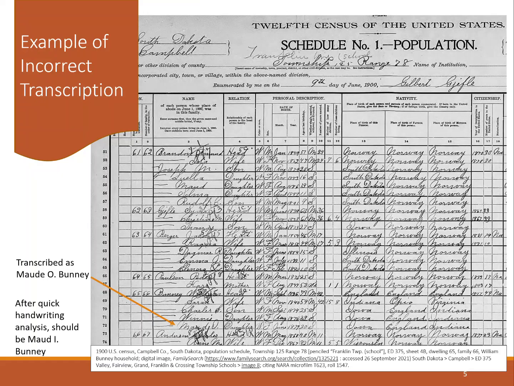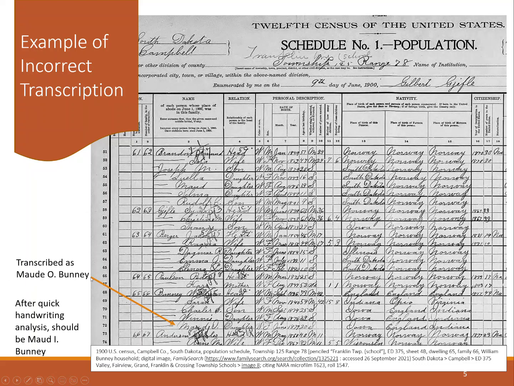Here's the first example. This is an example of an incorrect transcription, and we're going to look at what was transcribed as Maud, spelled Maude, middle initial O, Bunny.